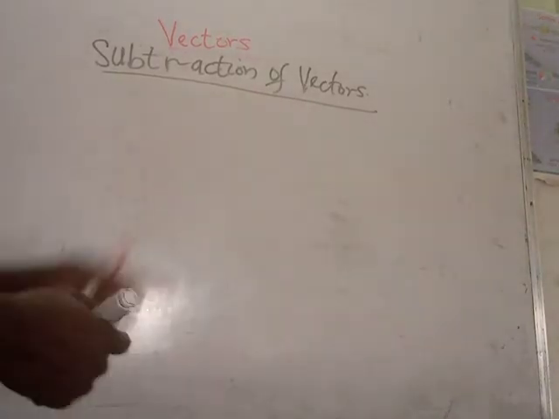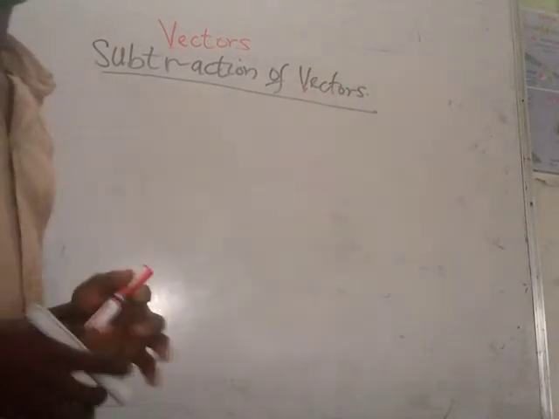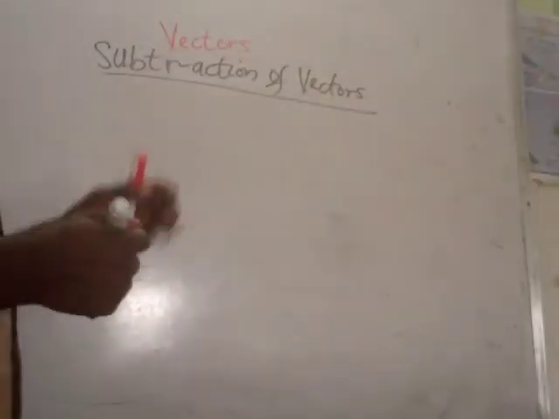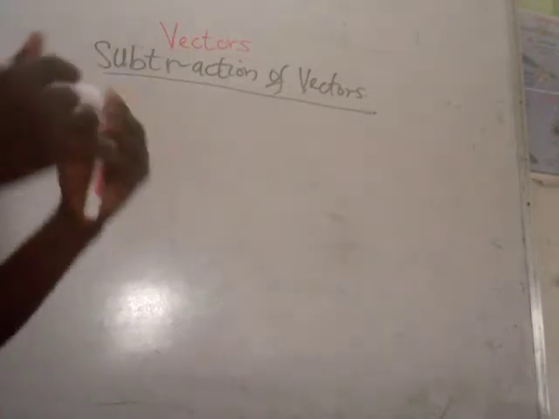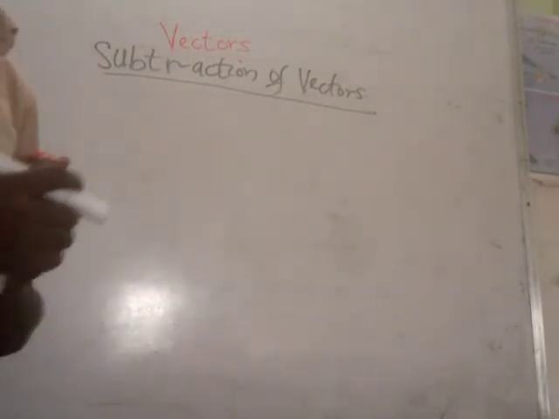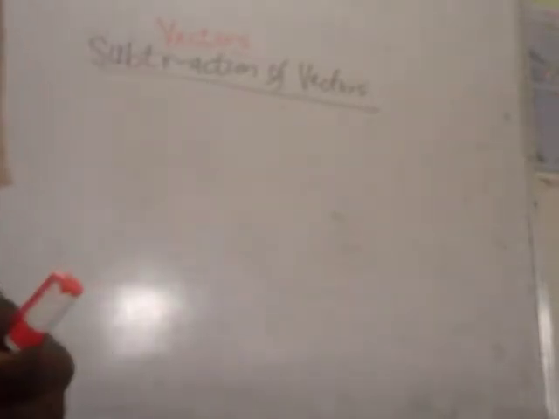Now let us look at subtraction of vectors. In the previous section, we looked at the addition of vectors. Here we are looking at the subtraction of vectors. Now, from the definition of a negative vector, we can say that the subtraction of two vectors is simply the addition of the negative vector.